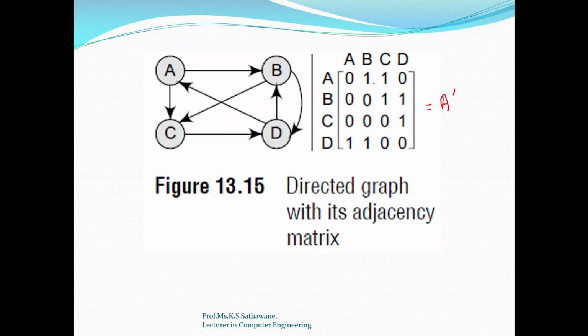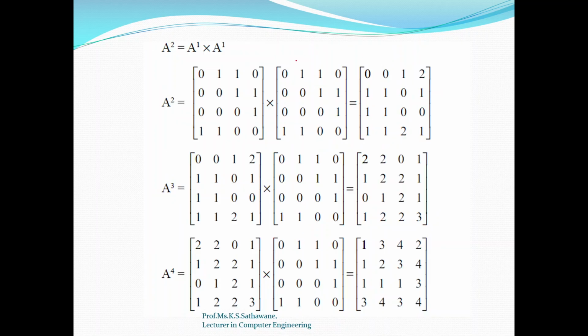Now, if you want to calculate A square, A cube and A raised to 4, you simply multiply the matrices. For A square, you multiply A raised to 1 by A raised to 1. Now, you know how matrix multiplication is done.